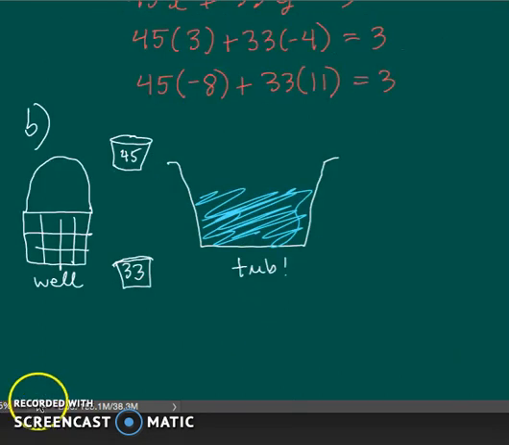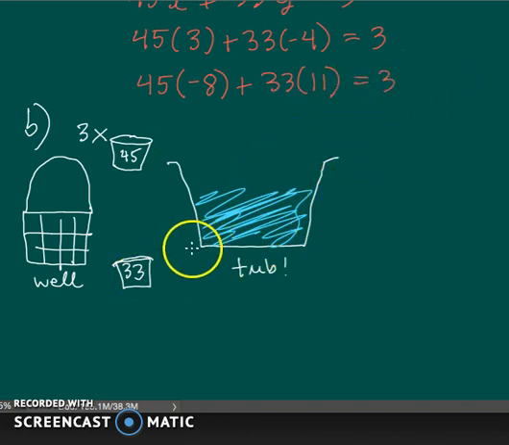So for part B, we want to apply our findings to the well problem. So we want to take 3 gallons of water out of a well, but we only have a 45-gallon bucket and a 33-gallon bucket. So let's use our findings. How do we do this? Well, seeing what we did above, we can use the 45-gallon bucket 3 times and dump all that water into a tub that we have somewhere or a larger bucket.